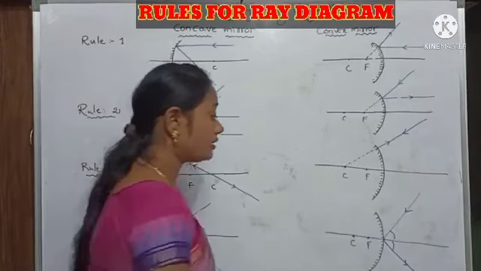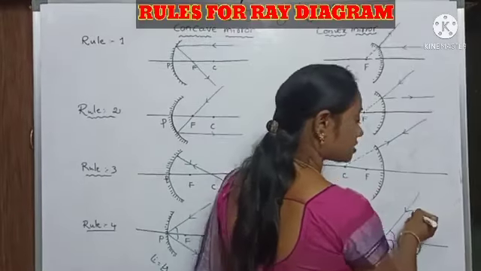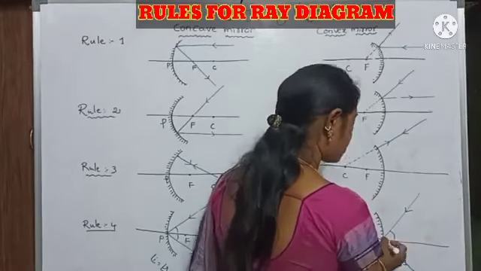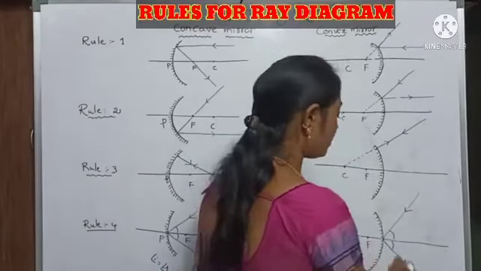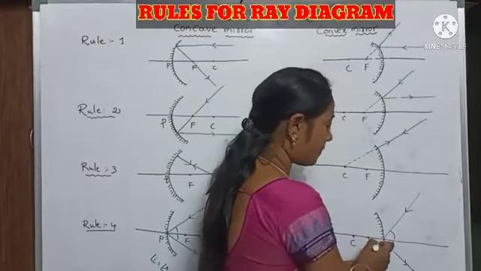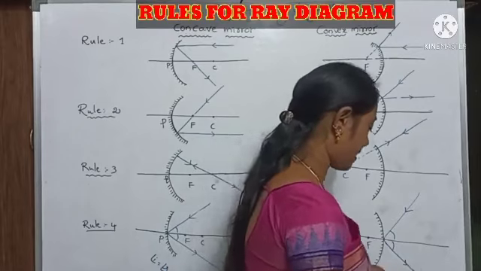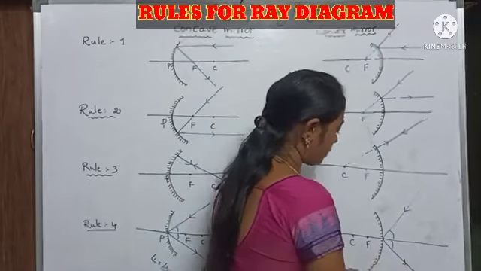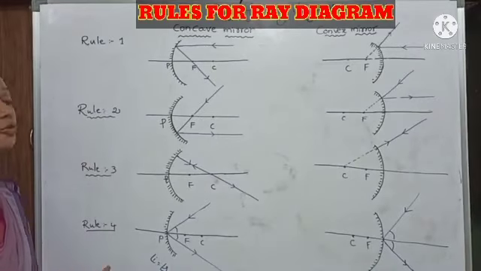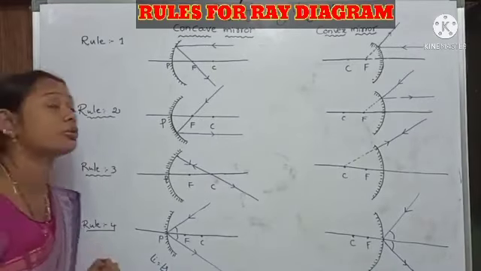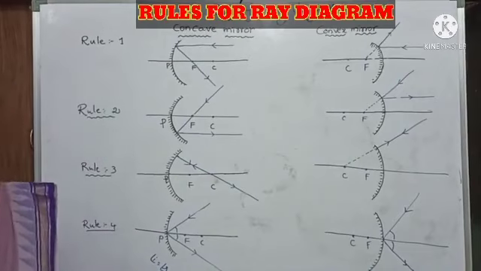Here also, when the incident ray touches the pole, what happens? It just reflects back. Here also capital I is equal to capital R. These are the four rules of ray diagrams.